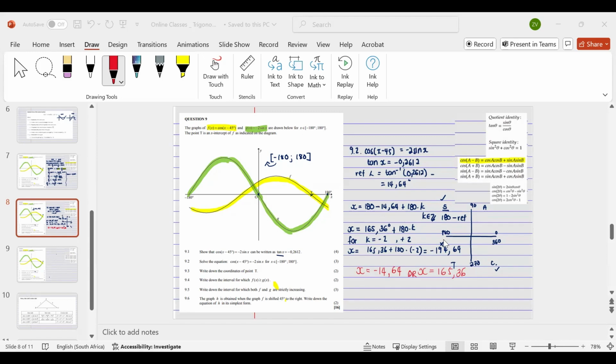Any questions before I unshare this? Ma'am, when the calculator gives us an error when we're trying to find the reference angle... What are you punching?